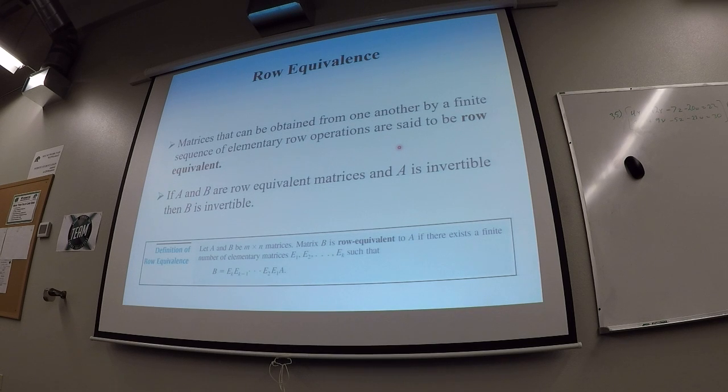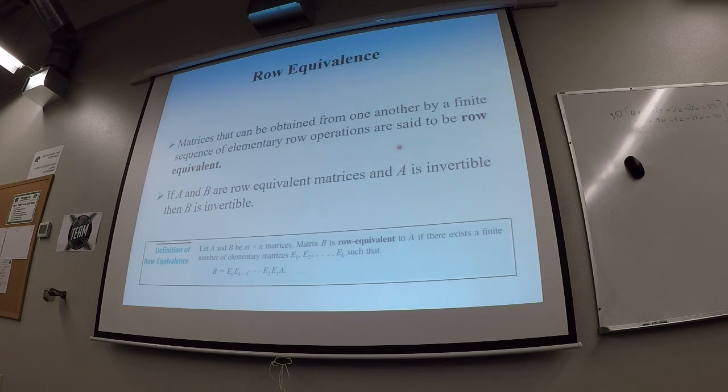All right, now let's talk about row equivalents. Matrices that can be obtained from one another by a finite sequence of elementary row operations are said to be row equivalent. And if A and B are row equivalent matrices and A is invertible, then we know that B is invertible. So what's that saying?